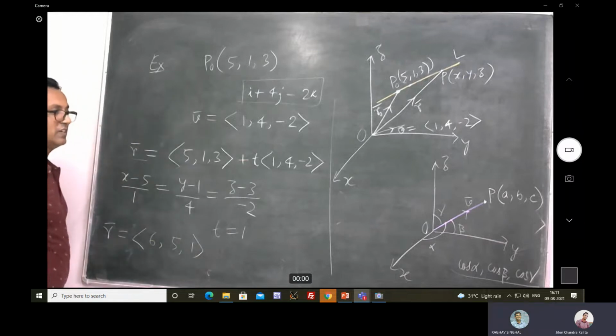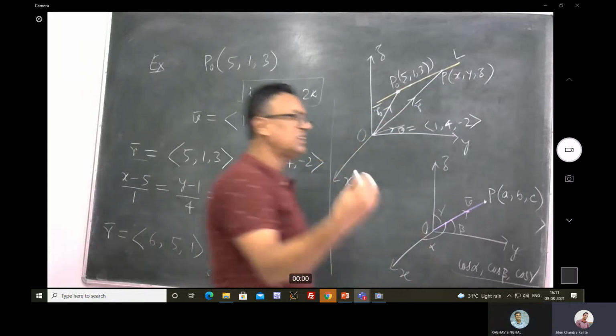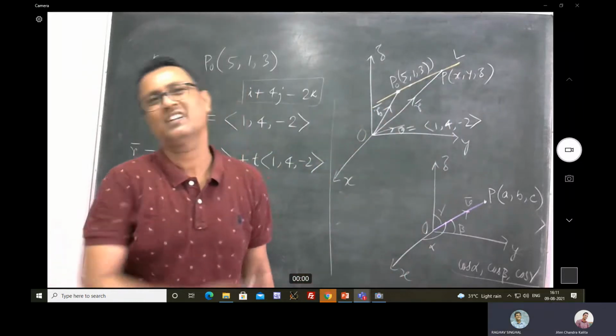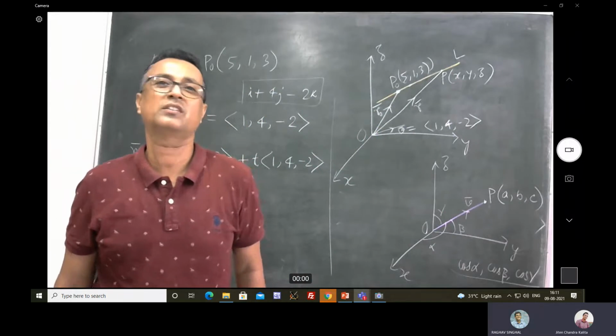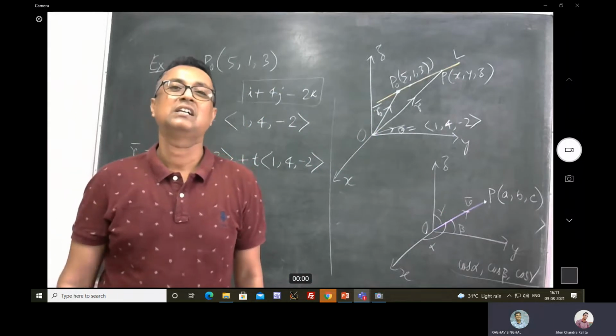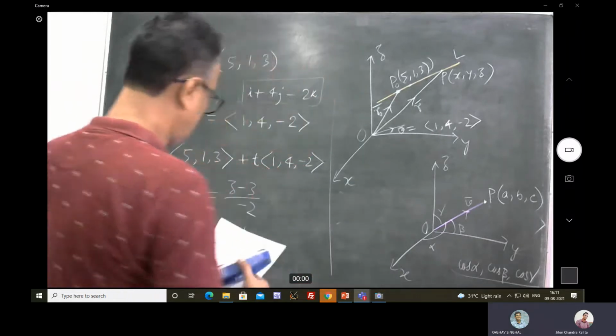Isn't it? Fine. So we will take a point somewhere here. Similarly, if you take t equal to -1, you will get another point. So you simply vary t and you are going to get whatever number of points you want on that straight line. Okay? Fine?